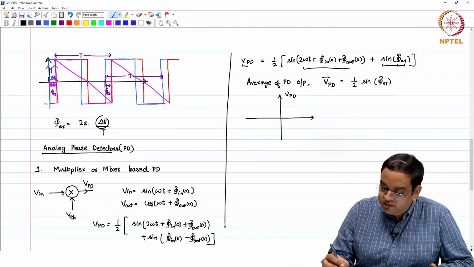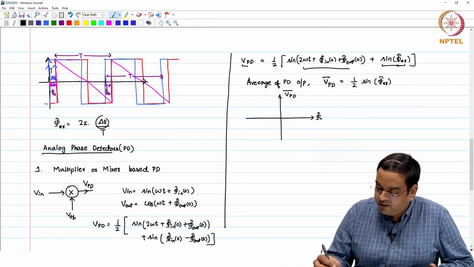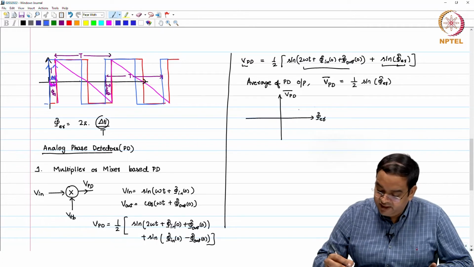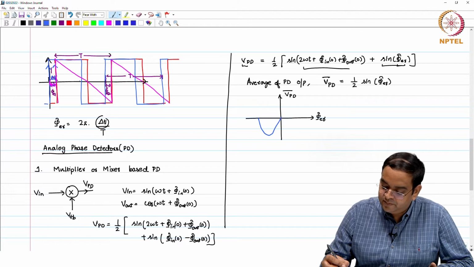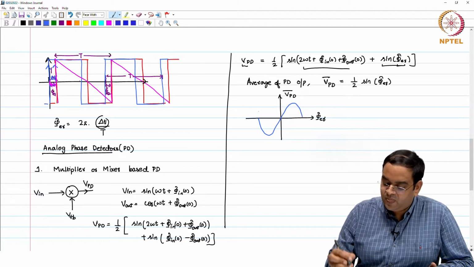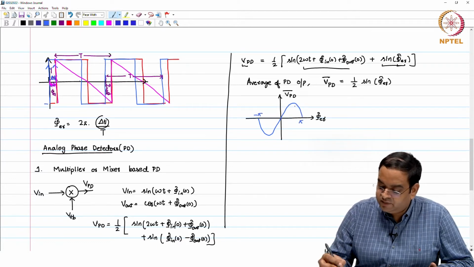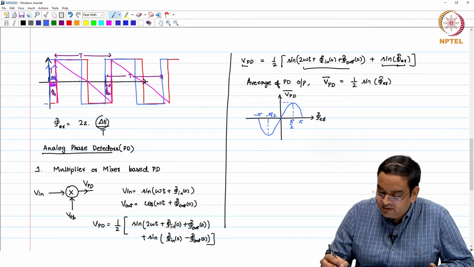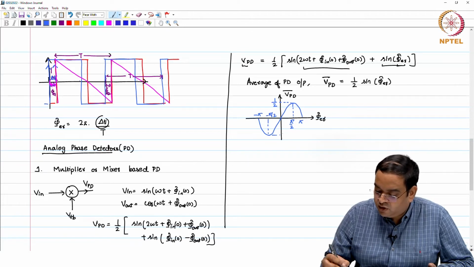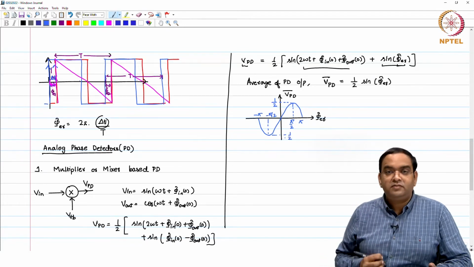VPD average with respect to phase error is sinusoidal, as you see here. This is minus pi to plus pi, the peak point is at pi by 2 and the peak point here is at minus pi by 2. In this case, this magnitude is actually equal to half or minus half.